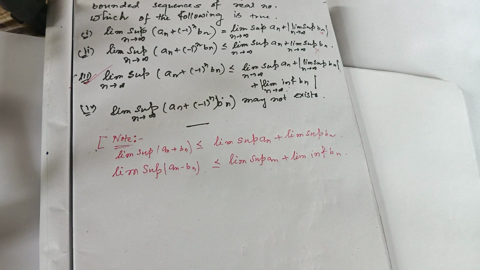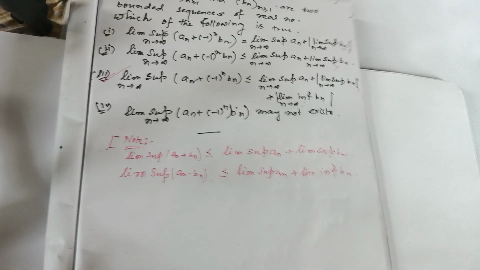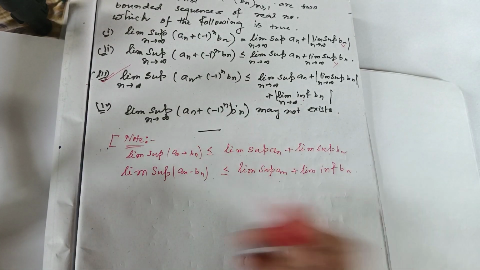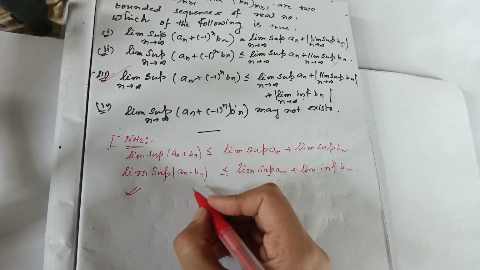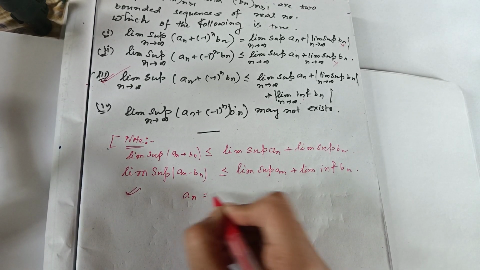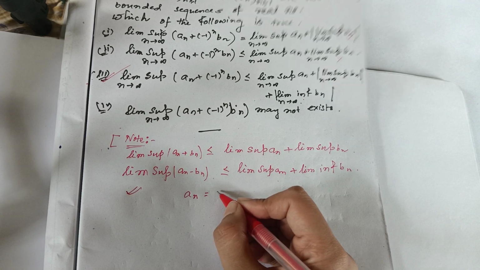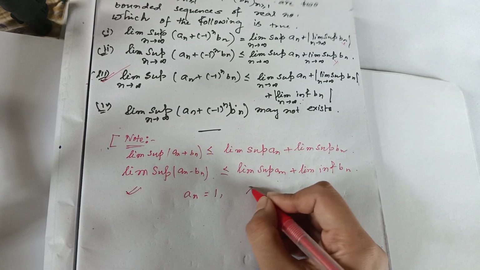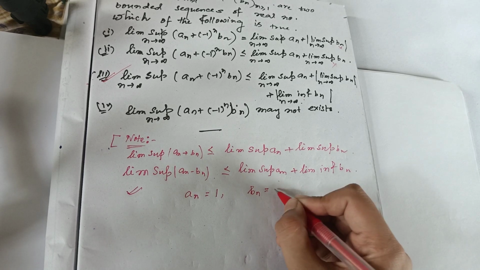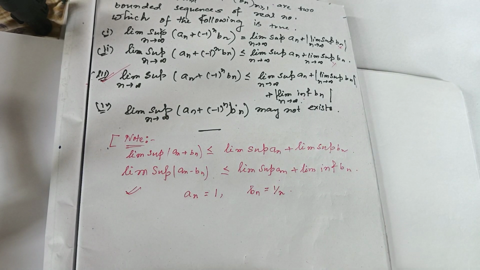So this option is discarded by a counterexample. If we consider a_n equal to 1, and b_n equal to 1 by n. Both are bounded sequences.